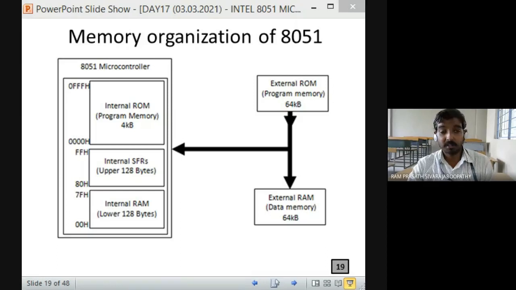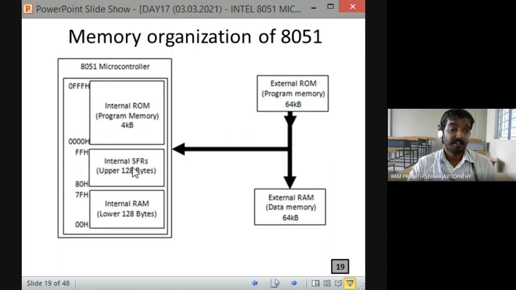Actually, we have only 128 bytes of RAM, but another 128-byte address space has been generated. That is used for SFRs. In the 8085 microprocessor, you don't have an address for a register. The accumulator has no address, the B register has no address, the C register has no address. But in the 8051 microcontroller, we have 21 special function registers that are mapped into this address space.